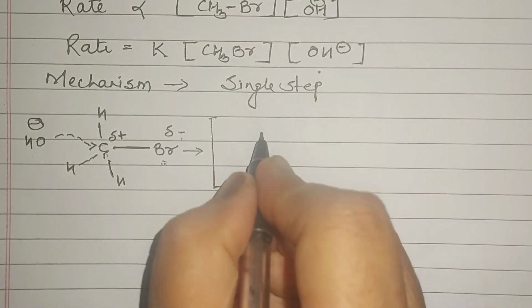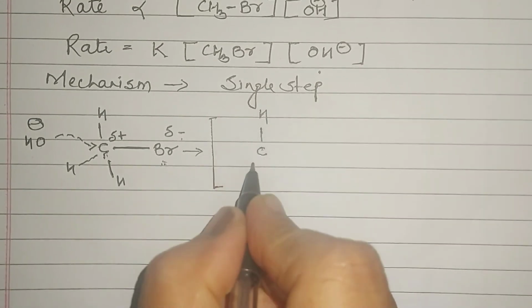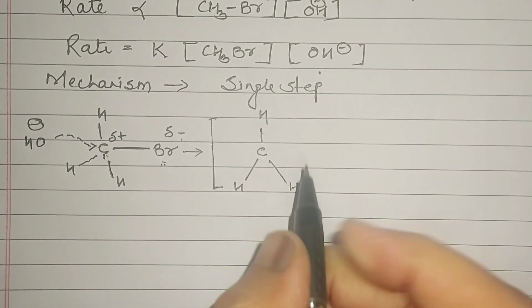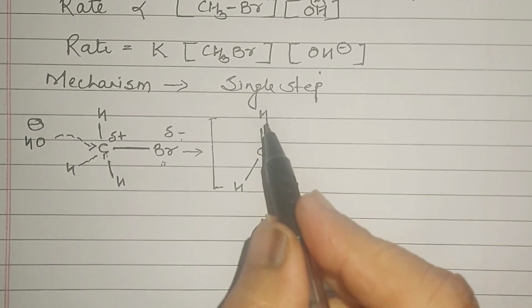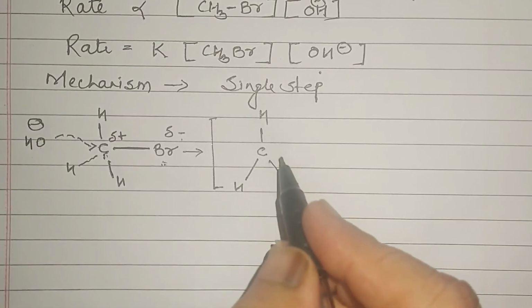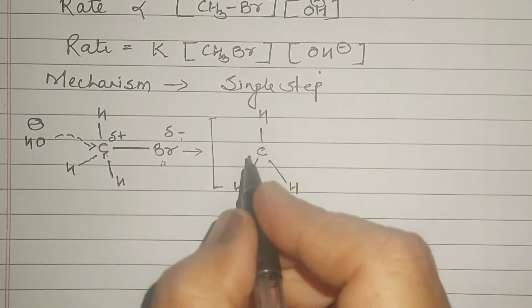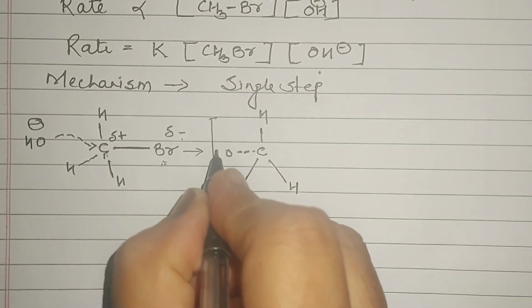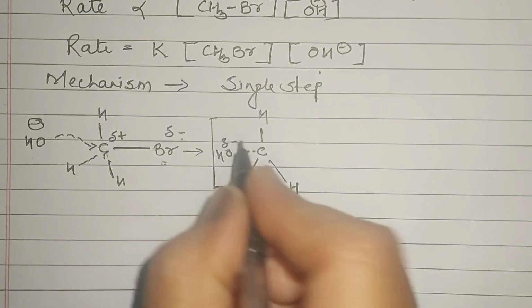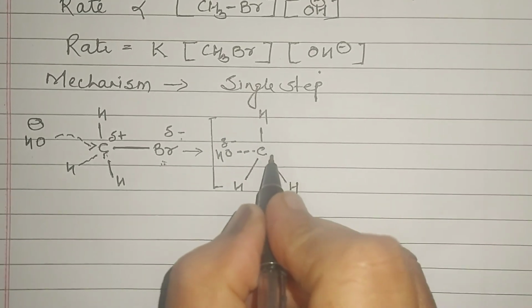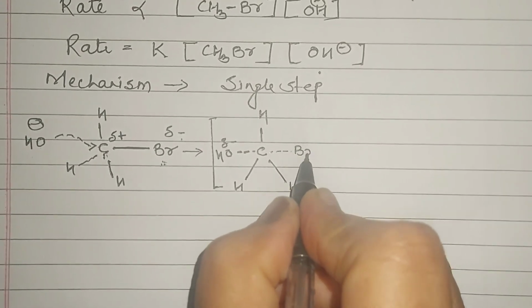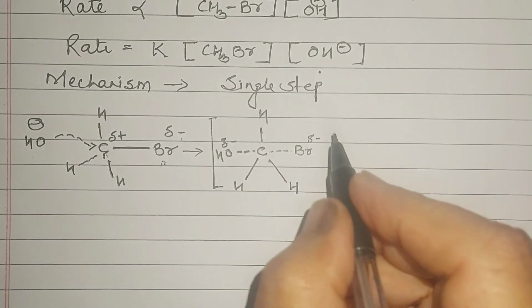These are 3 hydrogen atoms, the angle between these hydrogens is 120 degrees, and here OH approaches towards carbon and Br starts to leave the molecule.